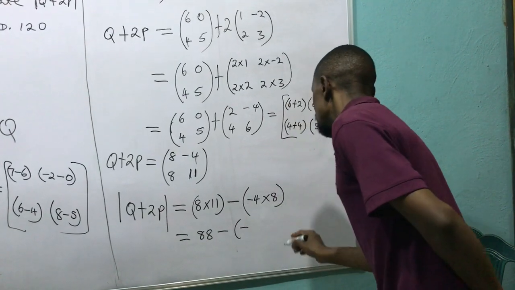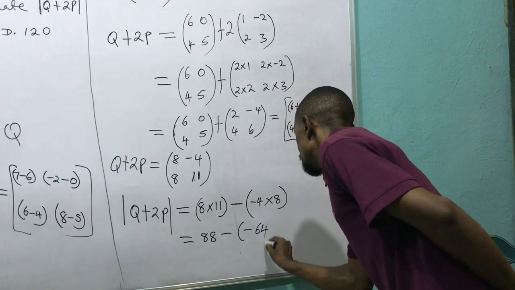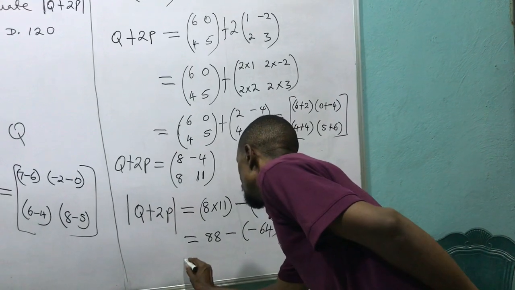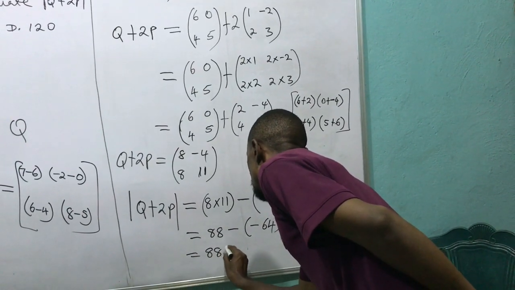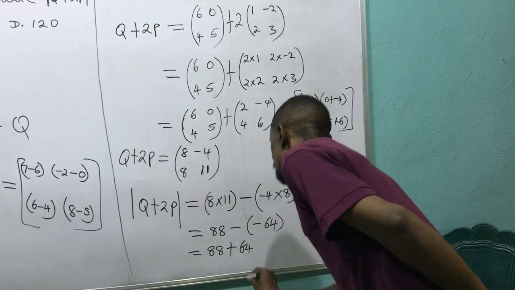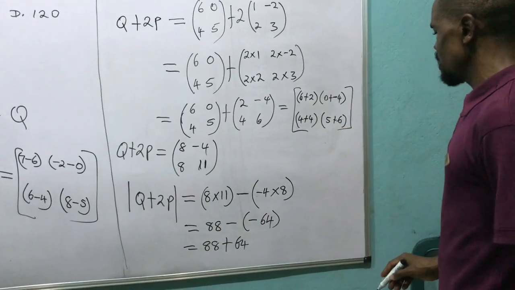This will give me 32, 64, and this will give me 8 plus 64. What does it give me?